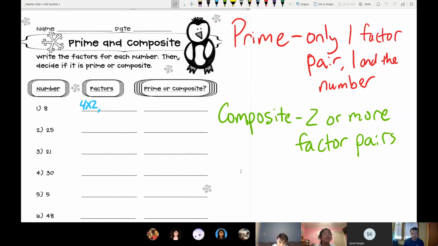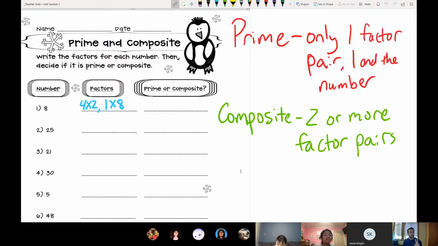Can you also do addition? No addition. We're looking for two numbers that multiply together to get us 8. And we always said that this one will always be there. Oh, 1 times 8. Yeah, 1 times 8, or 1 times the number. That's always going to be a factor pair.